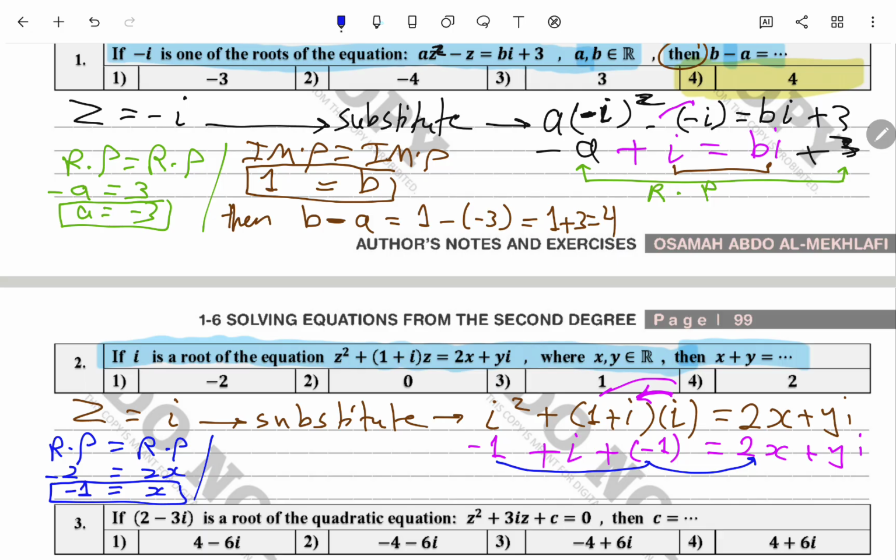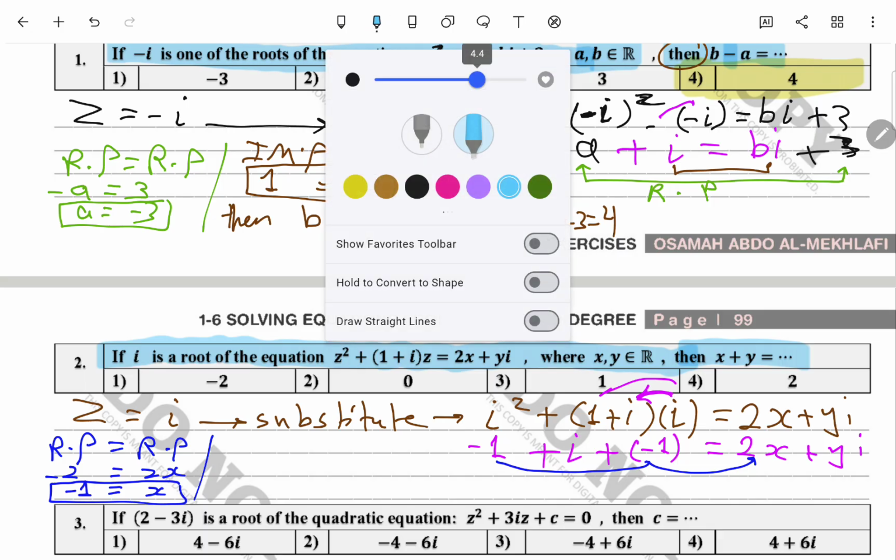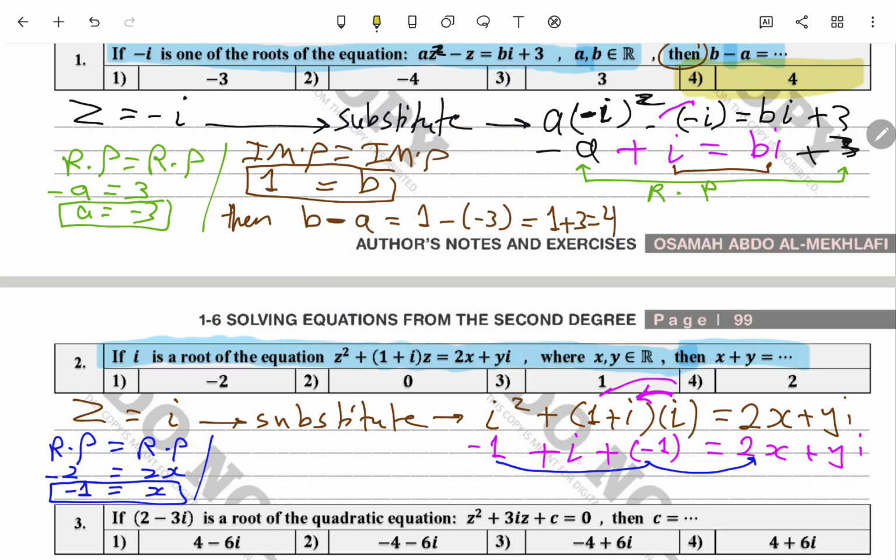Now I can equate imaginary with imaginary, like this, i with yi. So the imaginary part from the left side equals the imaginary part from the right side: 1 on the left equals y on the right.